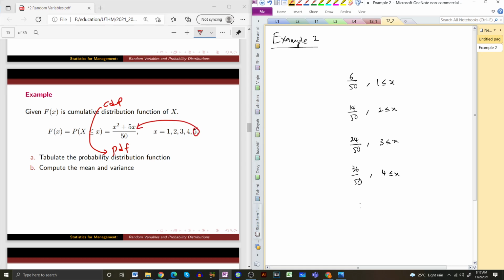The final one would be 1. This is not the PDF; we haven't found that yet. I'm just expanding this function into another form. That's all. It's still the CDF, the continuous cumulative distribution function.